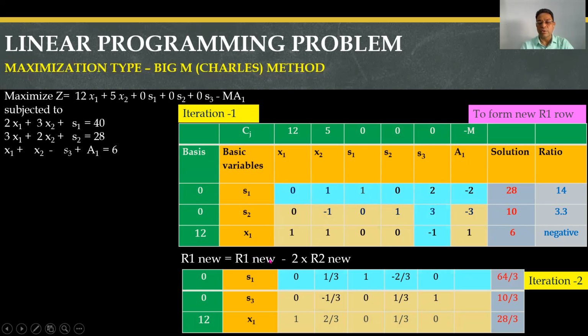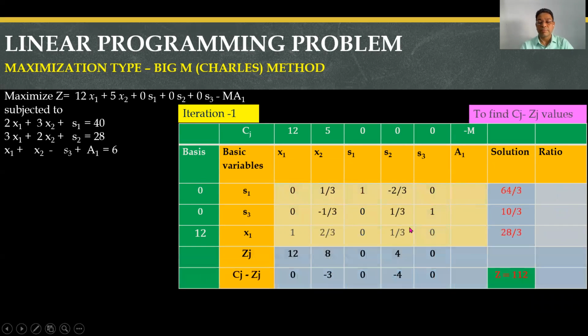Here it should be R1 old because we are performing an operation on R1 old with respect to R2 new. So we have 0 here. So this has now become 1, 0 and 0. Now these will be the entries in the table here, and that can be written like this.